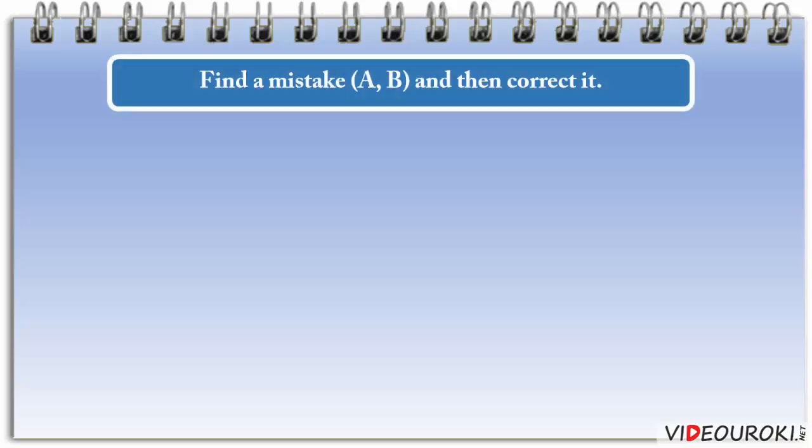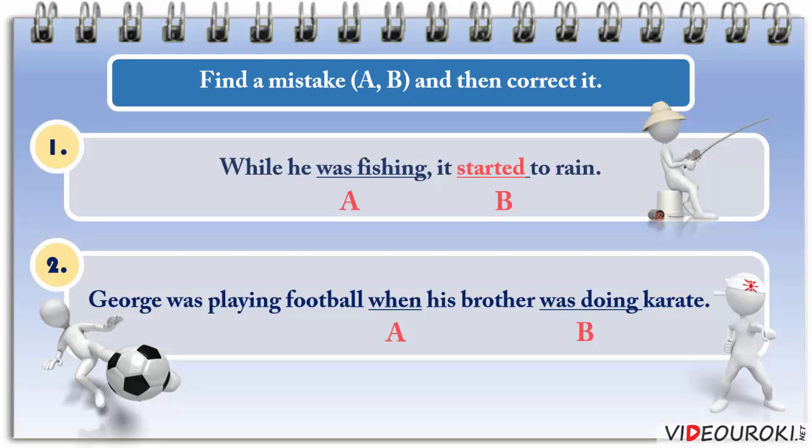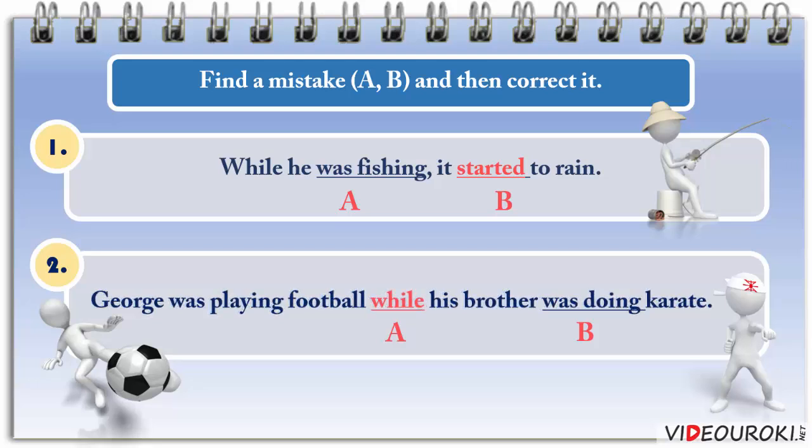Find the mistake in A or B, and then correct it. Number 1. The correct sentence is: while he was fishing, it started to rain. Number 2. The correct sentence is: George was playing football while his brother was doing karate. Number 3.